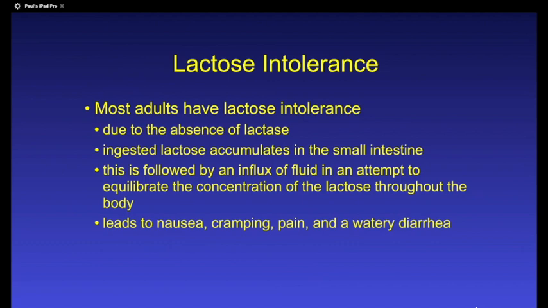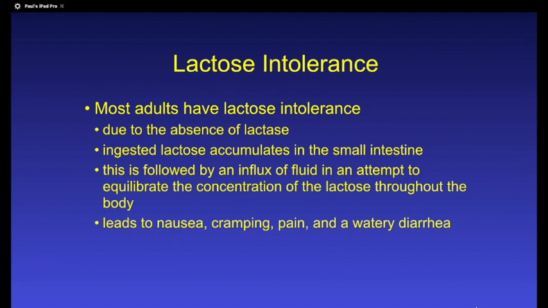Now here is a problem when you have lactose in your intestine and not in the bloodstream. The intestinal wall is a semi-permeable membrane. Have you heard that? Semi-permeable? Okay. That means things can move back and forth, usually water. Now here's the principle about a semi-permeable membrane.